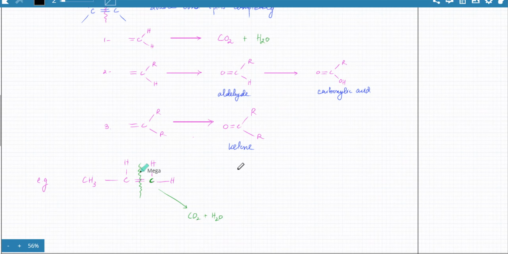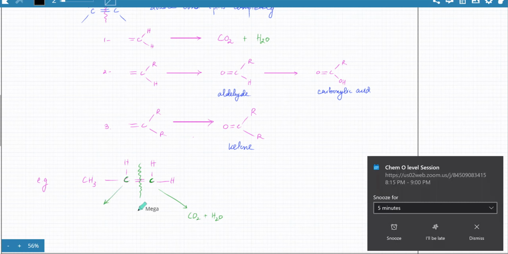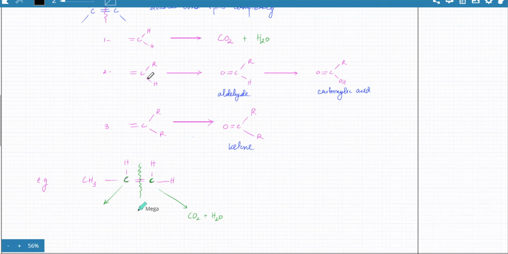Now focus on this carbon atom. What would this change into? Carboxylic acid. So it's this option, which is that the carbon is connected to a carbon chain on one side and an H atom on the other side. So carbon chain and H. So this one would get converted into a carboxylic acid.